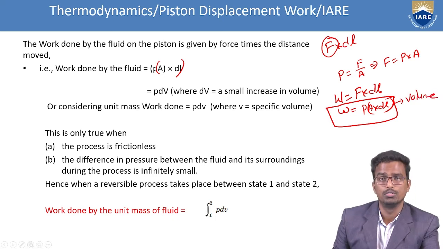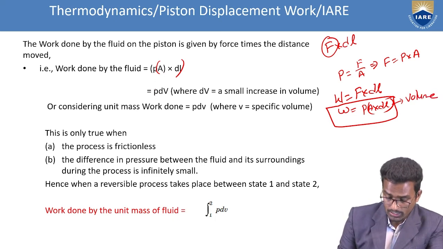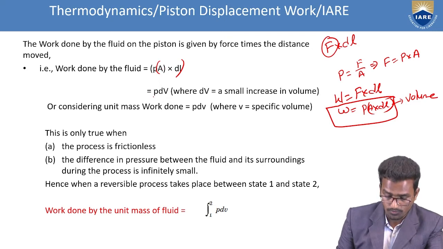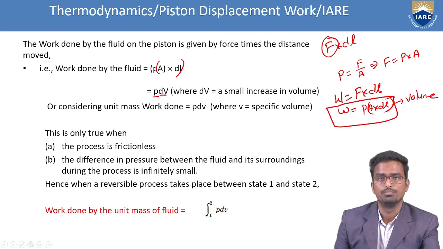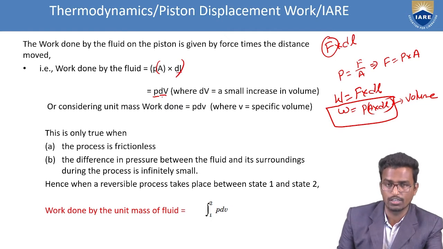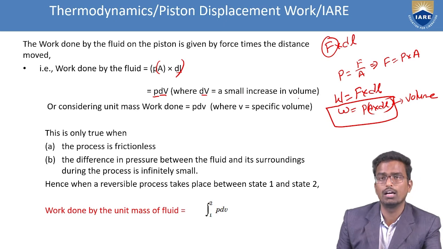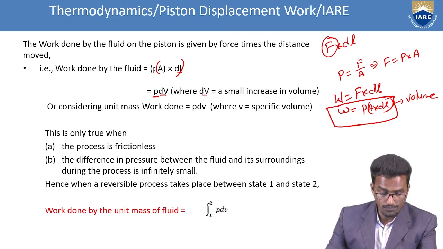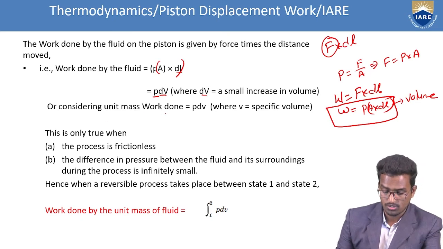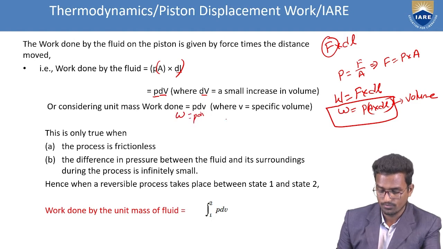So it is a volume. I can write P into A into dl in terms of P into the change in volume, because it is a change in length, where dV is a small change in volume, a small increase or decrease in volume. Considering unit mass, the work done is W equals the integral of P dV.